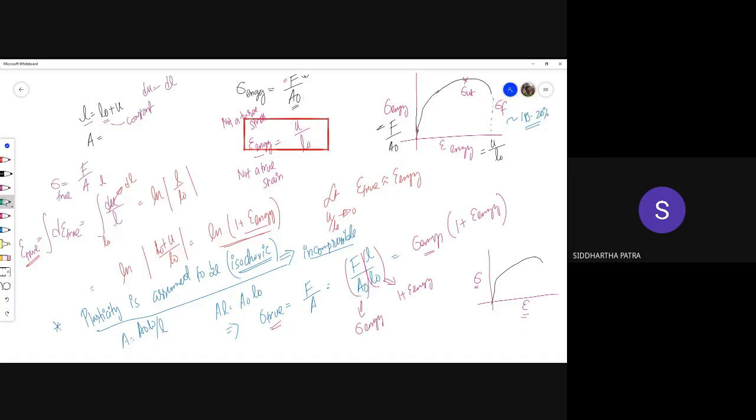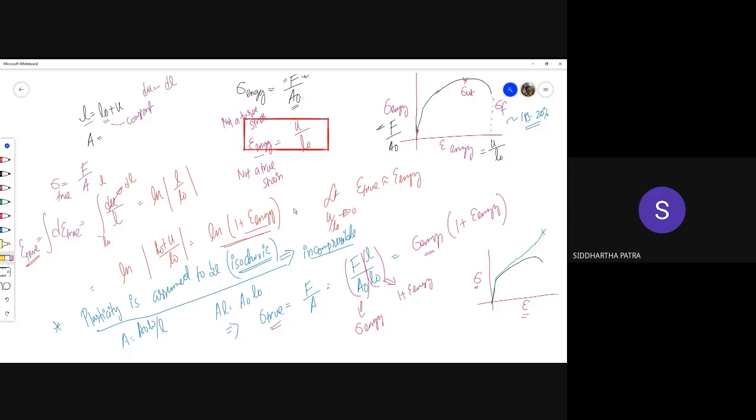If I were to plot the true stress-strain curve, they would be mostly similar in the elastic part. In the plastic part, they slightly start deviating, and this continues. And the fracture that we are talking about happens somewhere over here.